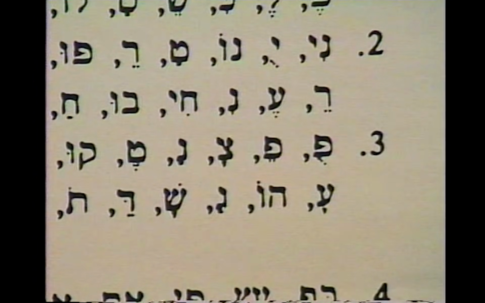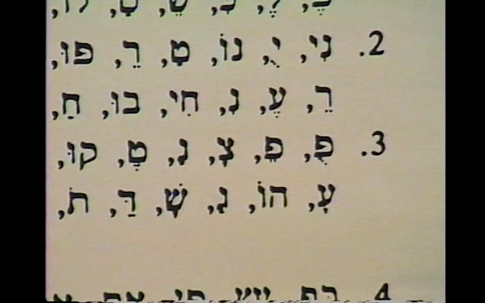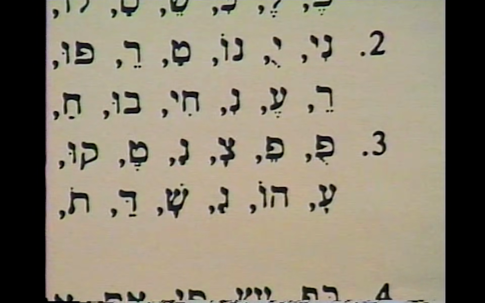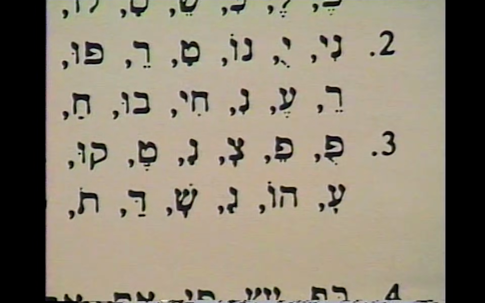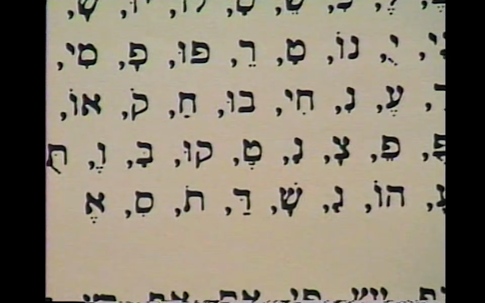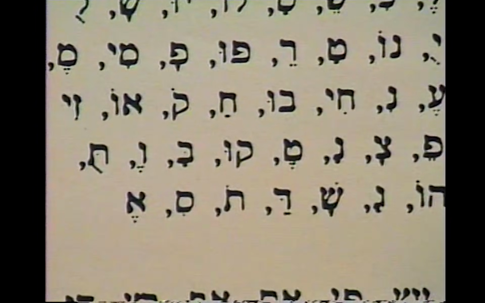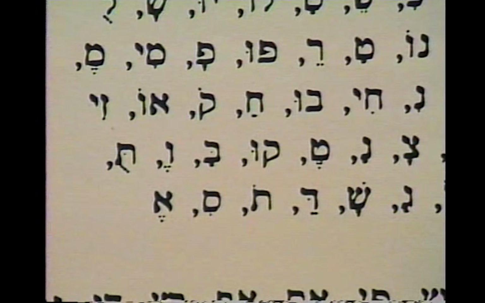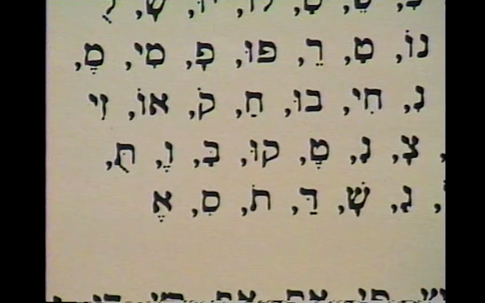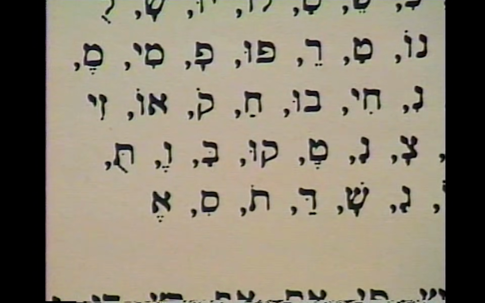Number 3. Pu, fe, sa, na, te, ku, ba, ve, tu.